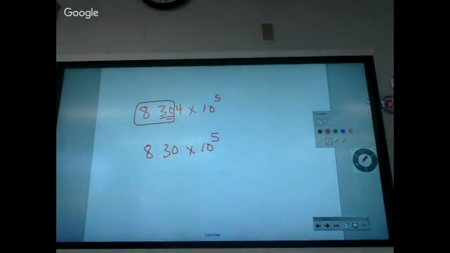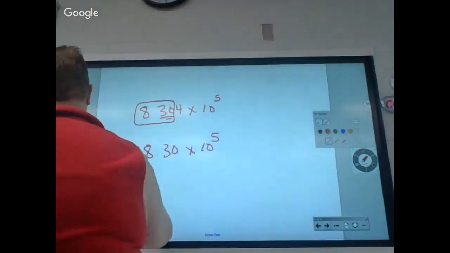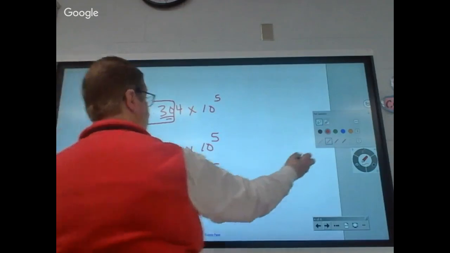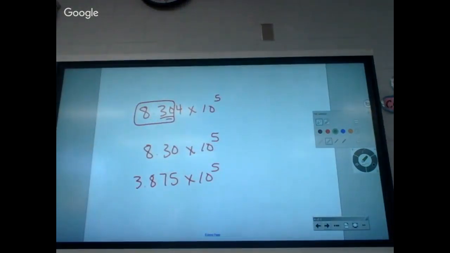Number 7. Again, put it in scientific notation on the calculator. So you get 3.875 times 10 to the 5th. All right. And you need how many significant digits? Well, how many do you have in 2.015? 4.